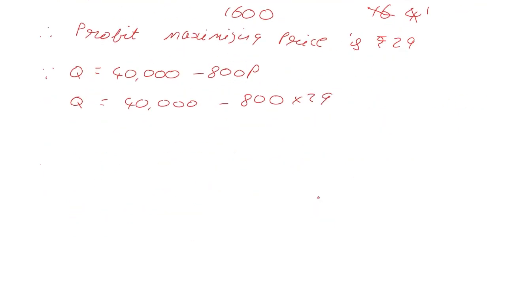Now 800 into 29 is a little messy, but 800 into 30 is 24,000, and from that we can subtract 800, giving 23,200. Subtracting from 40,000 gives 16,800 as our quantity.